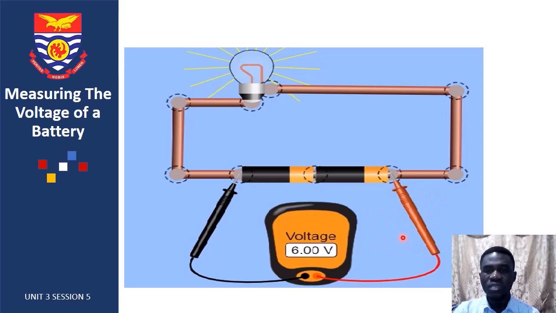So this is one of the leads, and this is also another lead. One lead goes to one terminal and the other lead to the other terminal. You could see that this is the negative side of the battery and this is the positive. So we have wired the negative terminal to the negative lead and the positive terminal to the positive lead. And this is in parallel to the circuit component.